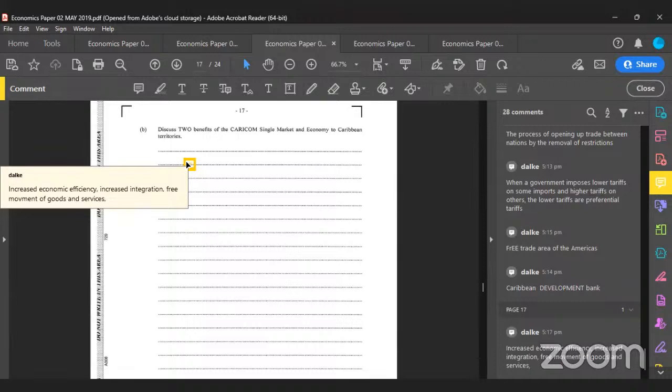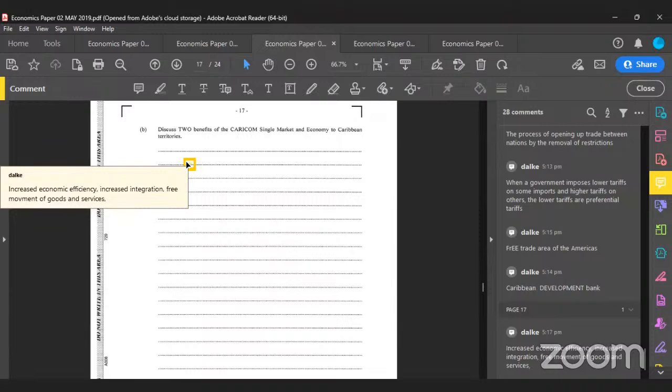There's also increased integration, which is very essential if the Caribbean wants to have a degree of power in terms of trading with the rest of the world, because by themselves, the islands don't take up much GDP, really and truly, and don't have a lot of products. However, together, as they say, unity is strength. Together, they carry much more weight.